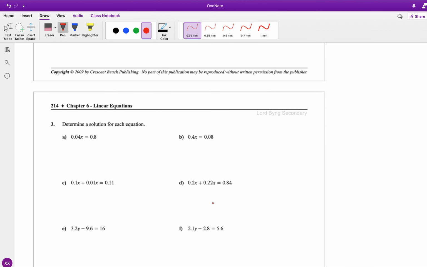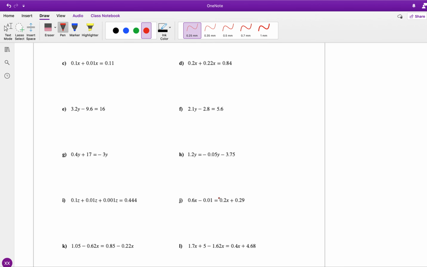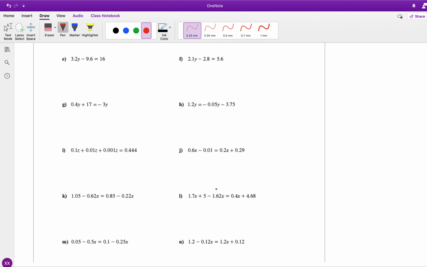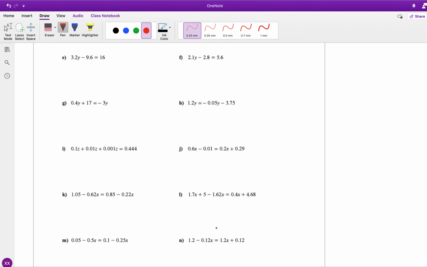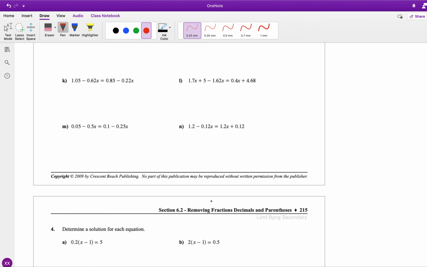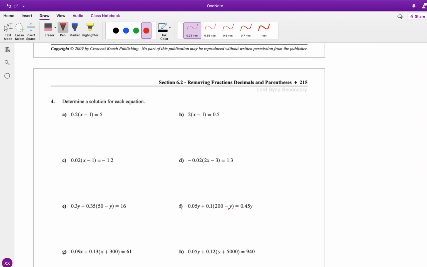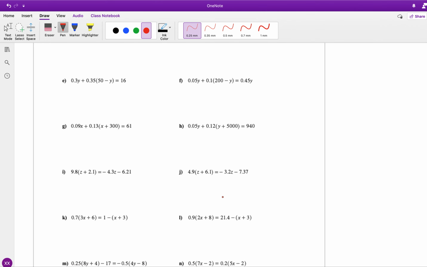Now this section is all decimals, and you can figure out whether to multiply by 10, 100, 1,000, even 10,000, depending on what the most decimal places is. And then there's something looking just a little bit more complicated. You have to multiply it in, and then see what's going on.